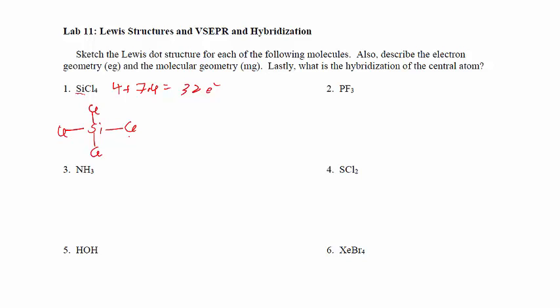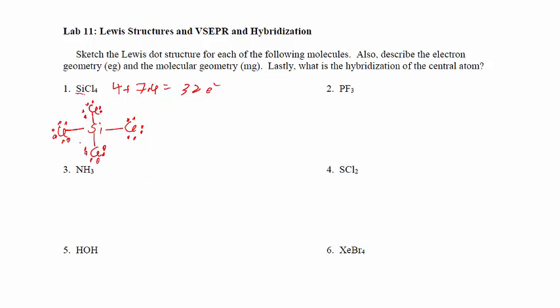And we go 2, 4, 6, 8, 10, 12, 14, 16, 18, 20, 22, 24, 26, 28, 30, 32, and we're out of electrons.